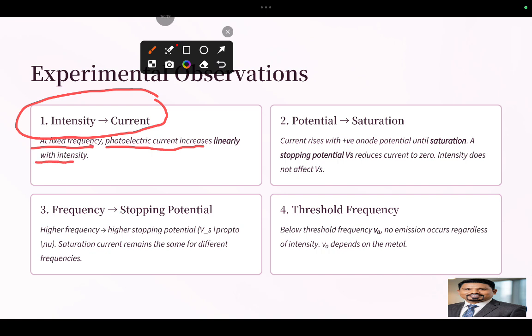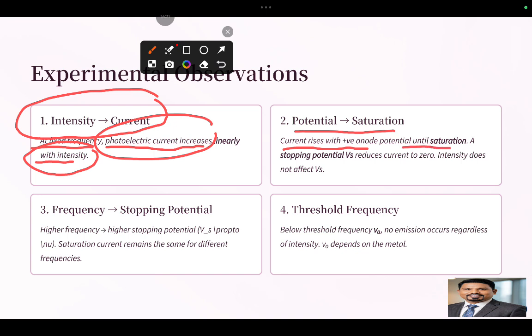If you increase the intensity of photons, the electric current also increases. Then potential saturation: current rises with the positive anode potential until saturation, meaning it becomes stable.